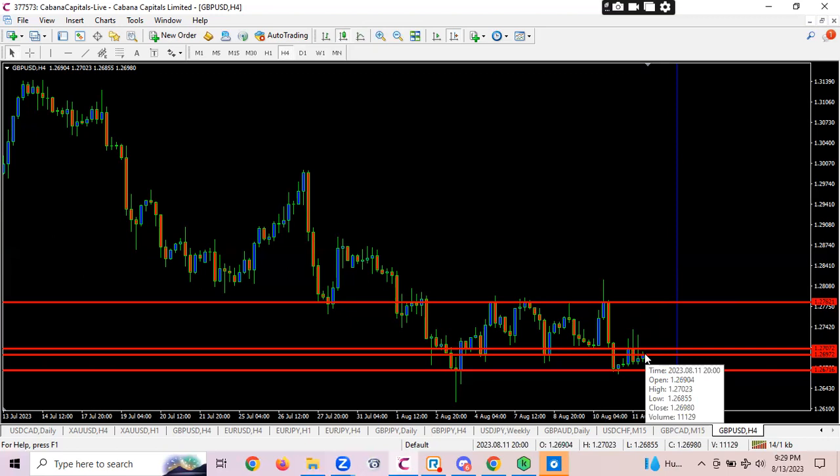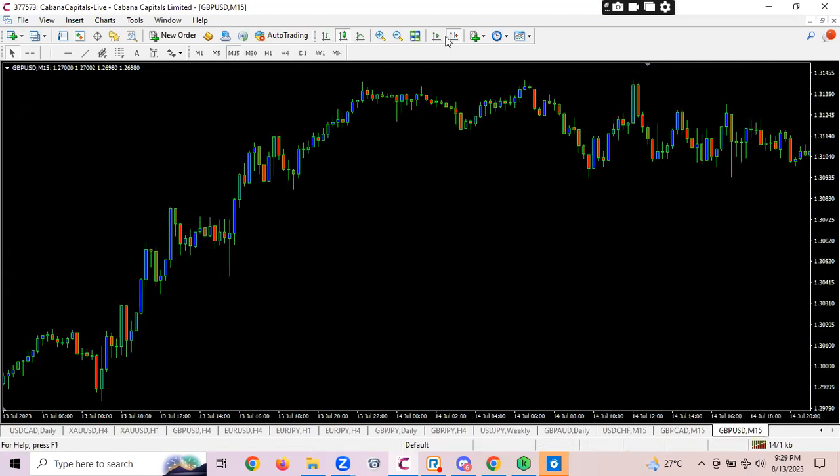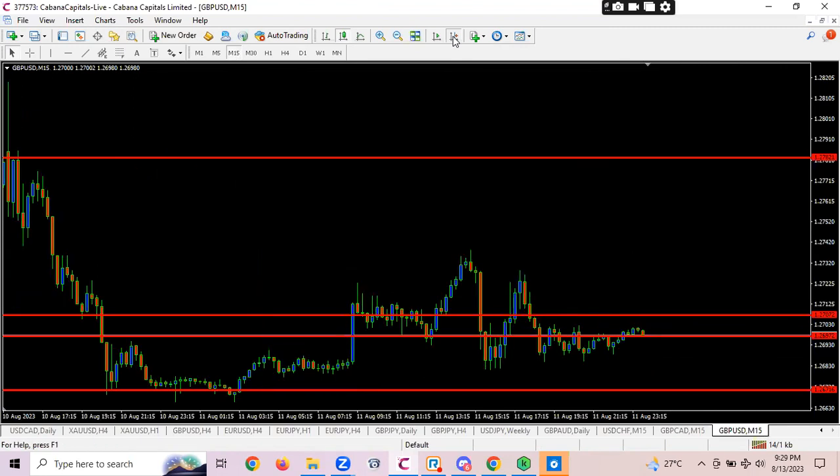On the 15 minutes or 5 minutes time frame, you should ensure that you have a bullish structure. Let's go to 15 minutes and see what we have. On 15 minutes, what we have here is a bearish structure, right?